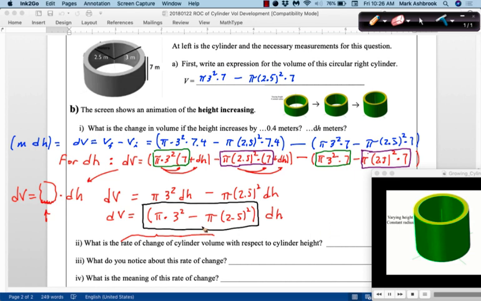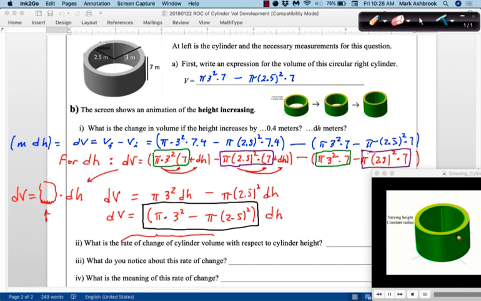Okay, so what do you notice about that? What is that an expression for? Pi times 3 squared minus pi times 2.5 squared. Kenny knows. Anyone else notice what that is? And it's okay, so then that's the area of what then? If you're looking at, say, this cylinder, what is that the area of? If it's the area of the outer circle minus the area of the inner circle, then you're getting the area of?